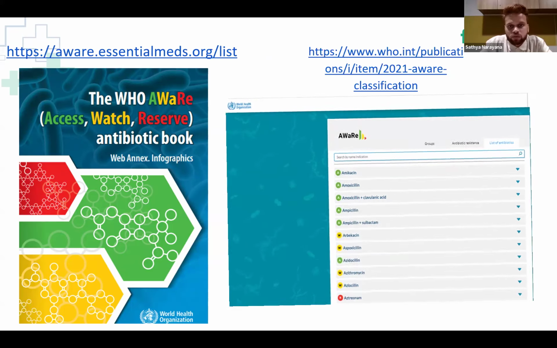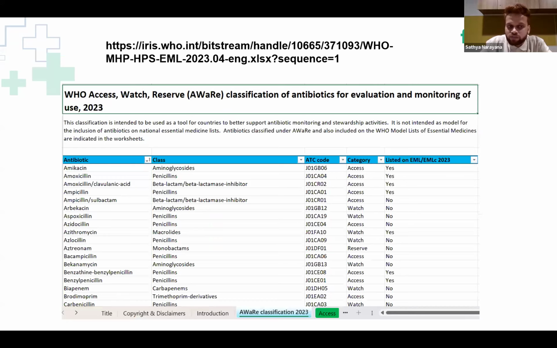This is the list of antimicrobials mentioned in the WHO AWARE classification. Again, this tool is useful for better supporting antimicrobial monitoring and stewardship practices, so we can deal with the metrics part here. This way it is useful as a tool.